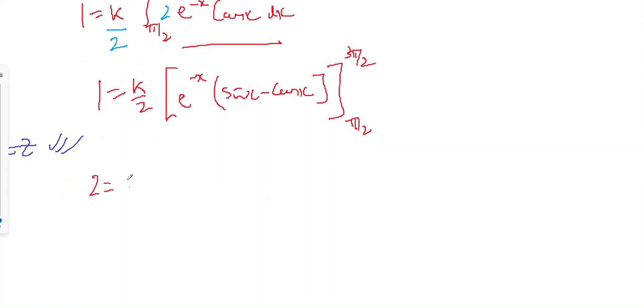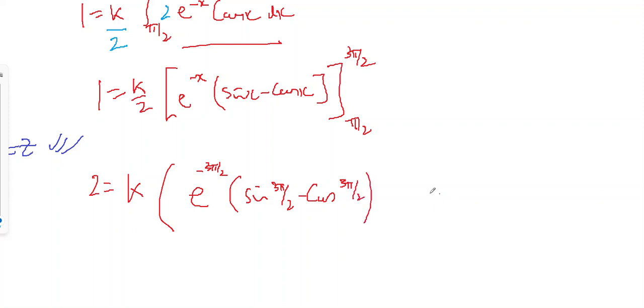So 2 equals k times [e to the minus 3 pi on 2 (sine of 3 pi on 2 minus cos of 3 pi on 2) minus e to the minus pi on 2 (sine of pi on 2 minus cos of pi on 2)].